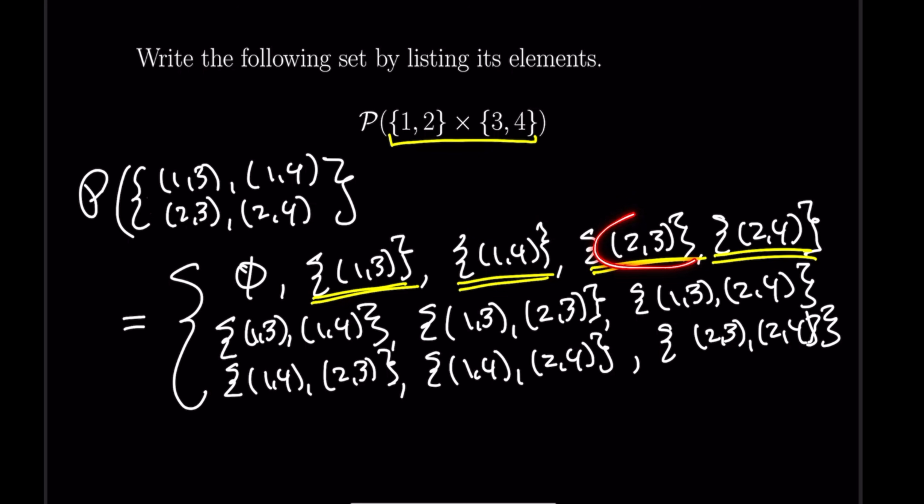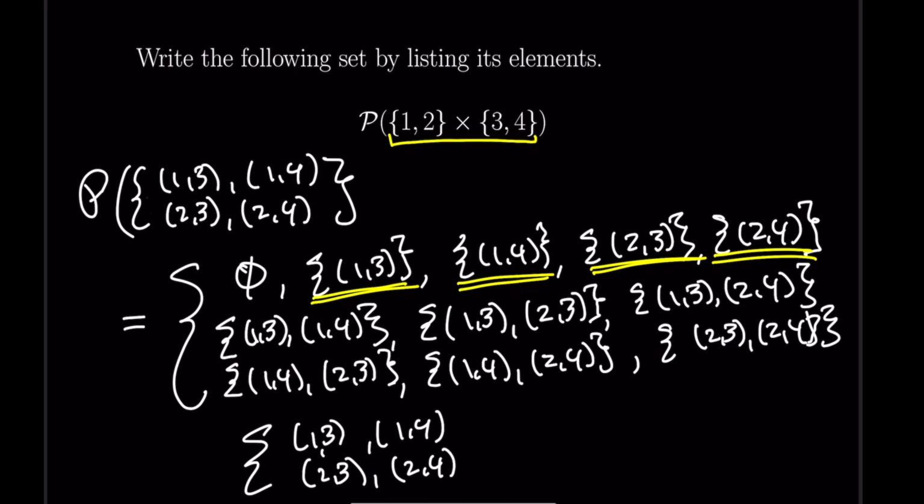All of the ordered pairs except 2, 3, that would be one, and all of the ordered pairs except 2, 4, that would be another set. And then finally, our final set will be the entire set: 1, 3, 1, 4, 2, 3, and 2, 4. And then all in all, we should have 16 subsets.